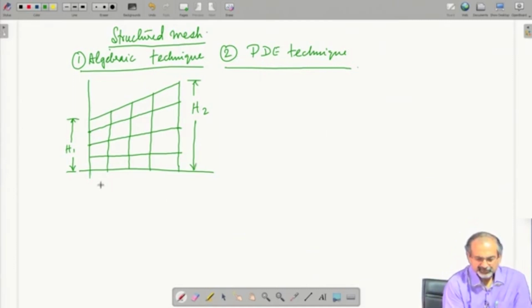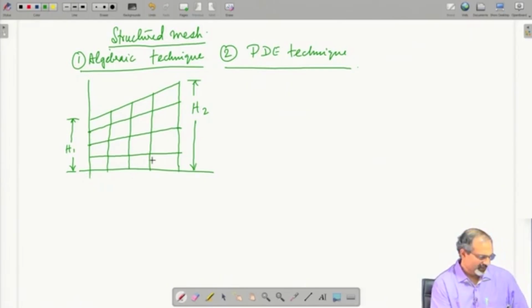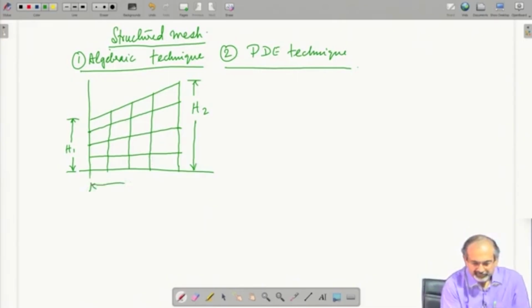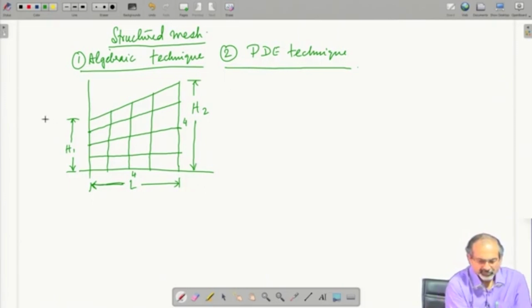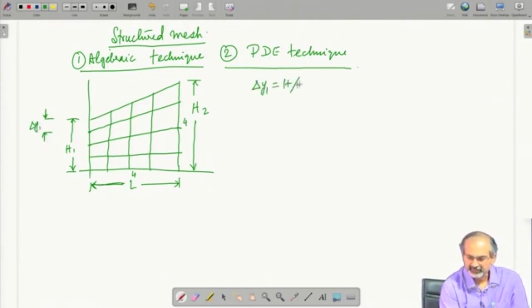Now, what you see is that we have fitted a 4 by 4 mesh here in this domain, and we have kept uniform spacing at the boundaries. So, if you have 4 spacings here along x and 4 along the y directions on the 2 different edges, then these grid spacings can be indicated like this.